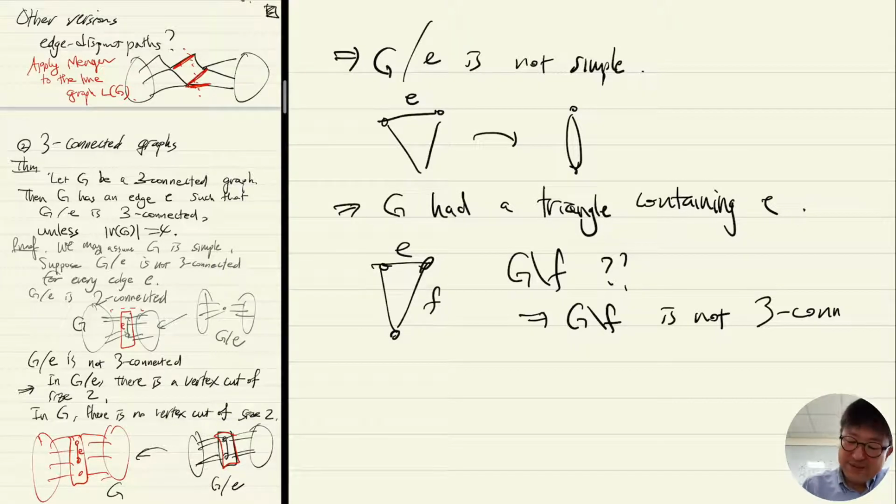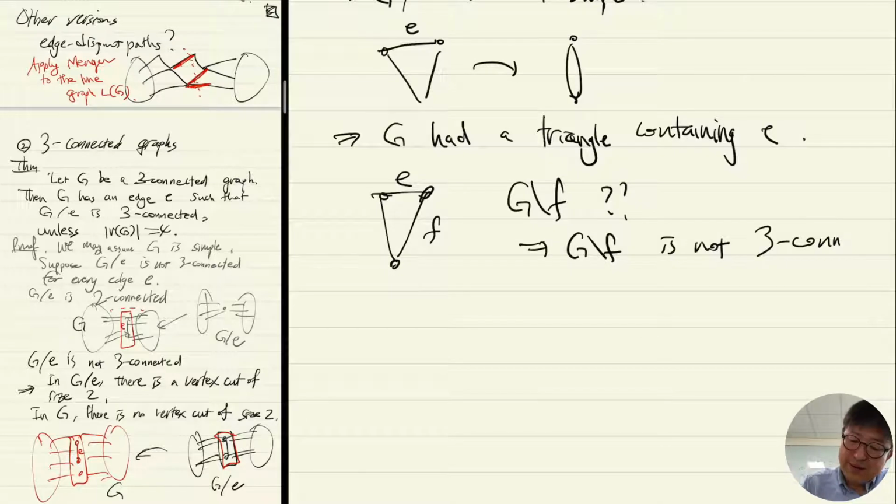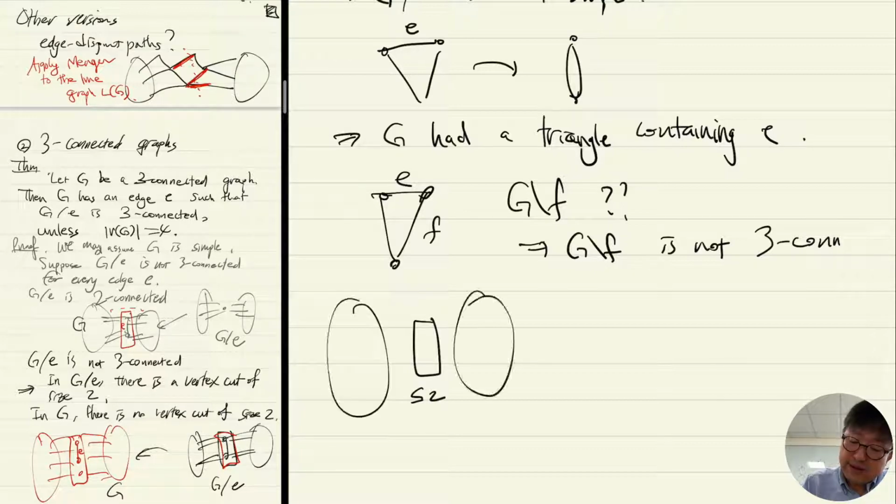Alright, so G delete F is not three-connected. How is it possible? Well, you have a set of size at most 2, and after deleting it, there are no edges from left to right, and the edge F is over here.